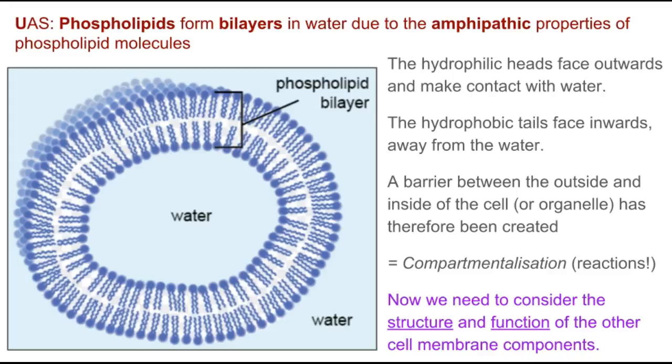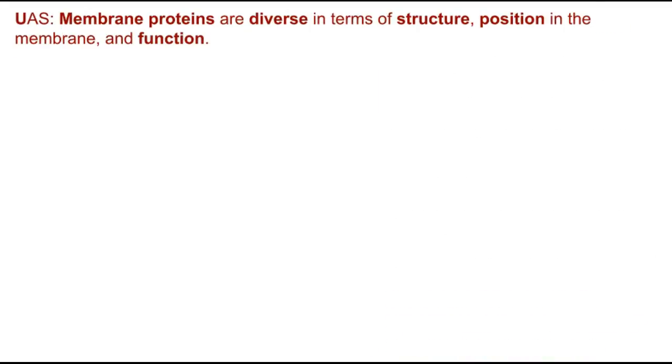Now we need to consider the structure and function of the other cell membrane components. First of all, there are a lot of different proteins involved in the membrane structure. So this understanding is that membrane proteins are diverse in terms of structure, position in the membrane, and function.